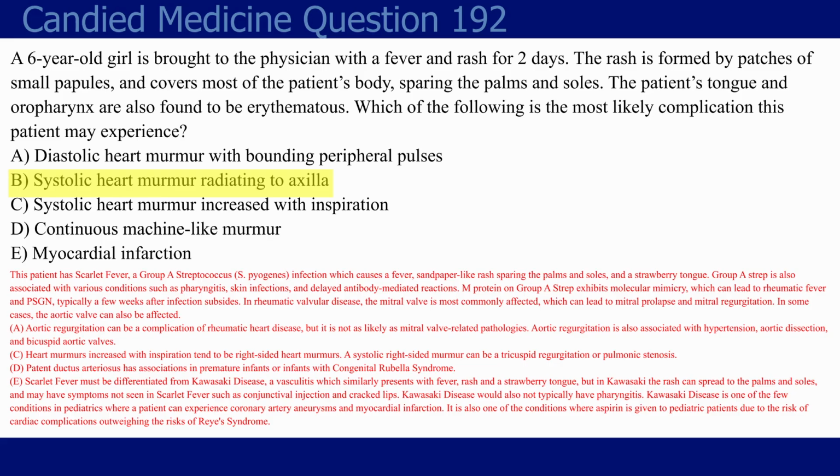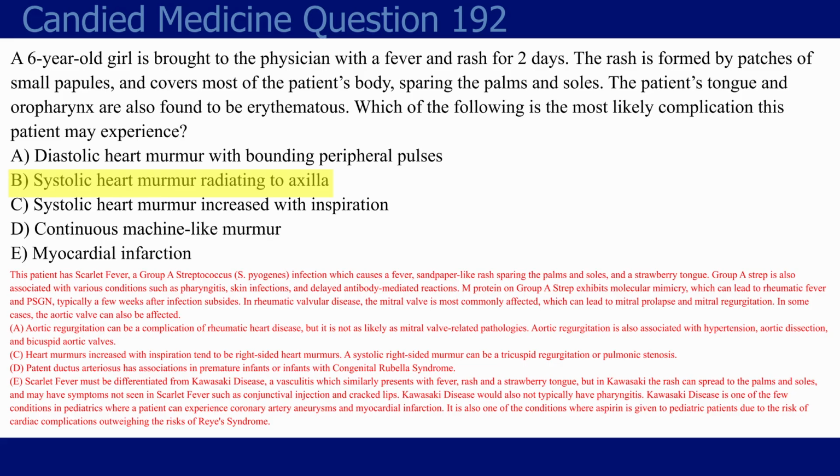Although it's probably worth noting, tricuspid regurg has a pretty strong association with pulmonary hypertension on USMLE, and sometimes resources like to talk about IV drug use and how that can cause right-sided infective endocarditis leading to tricuspid regurg. I've seen it come up a few times, but not as often as you might think, given how often resources like to talk about it, but still worth mentioning.